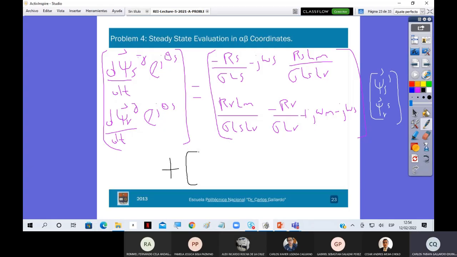So I will have the stator voltage space vector, the rotor voltage space vector. This is the equation, okay? This is the final equation.